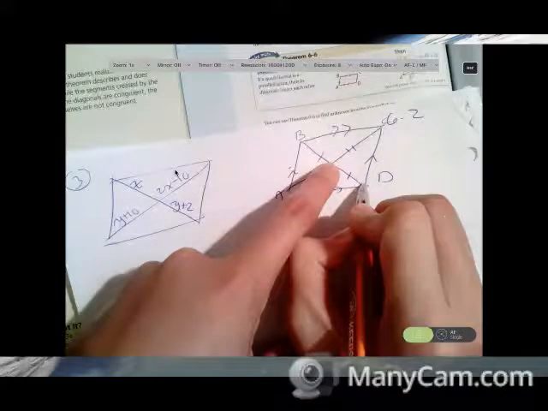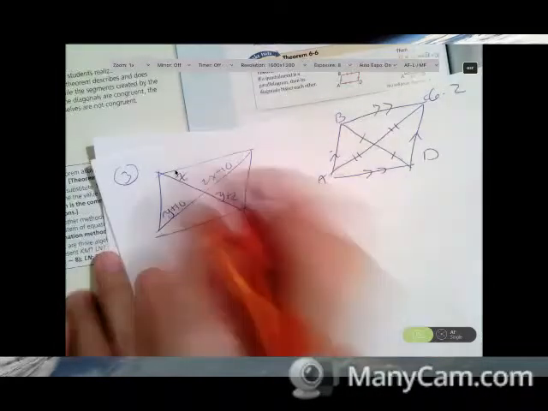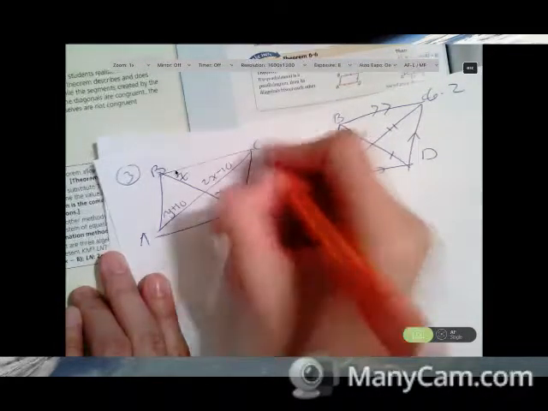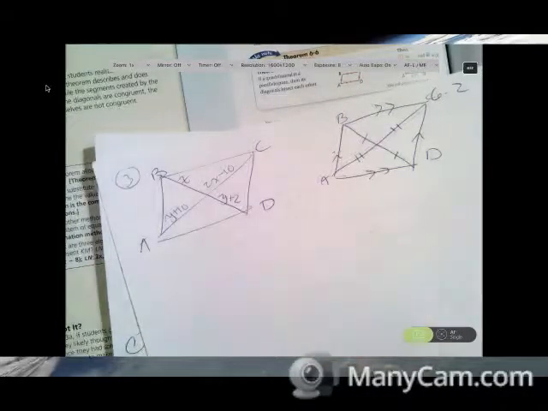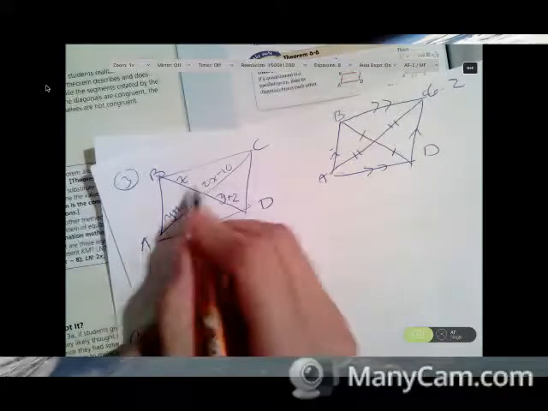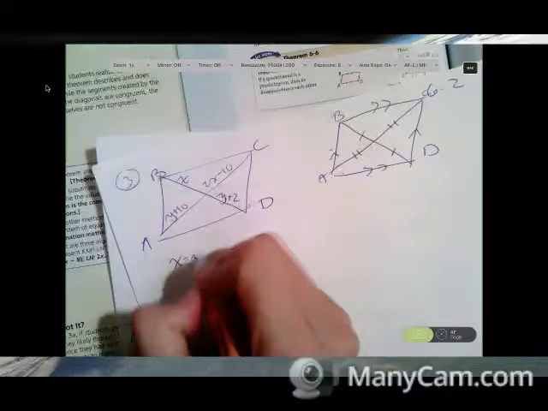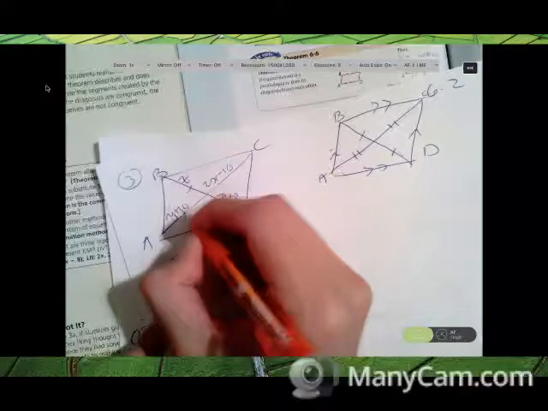So therefore, these two segments are congruent to each other, and these two segments are congruent to each other. So if we turn over here to this parallelogram, I want to find x and y. I know that x equals y plus 2, and these two are congruent to each other.